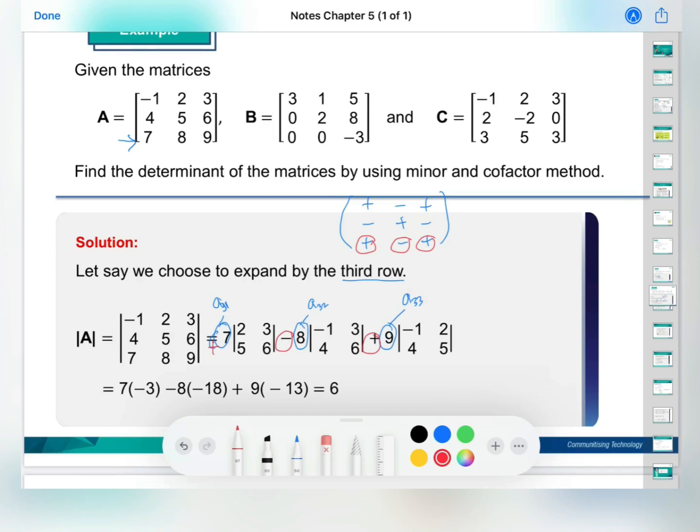So where do you get the 2, 3, 5, 6? The 2, 3, 5, 6 is when you eliminate the third row with the first column, because this is 3, 1, right?